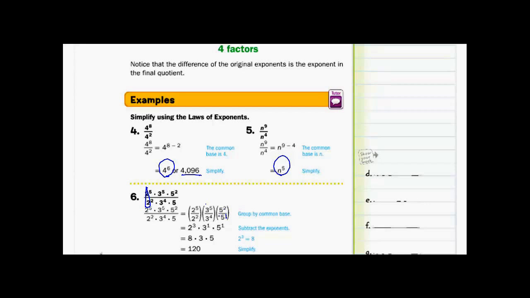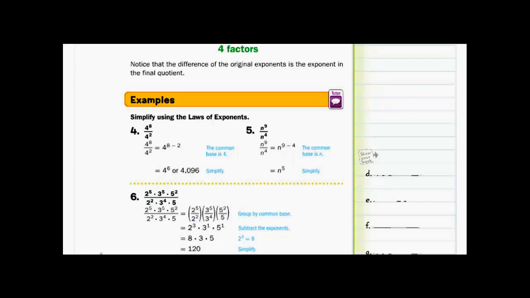So 5 squared divided by 5 to the 1st is 5 to the 1st. Now, I would be happy leaving this right here. To me, that is fine. I did not make you work out the other ones. I would not necessarily make you work that one out either. But if you did, 2 times 2 times 2 is 8, times 3 is 24, 24 times 5, 120. So that's where that comes from.